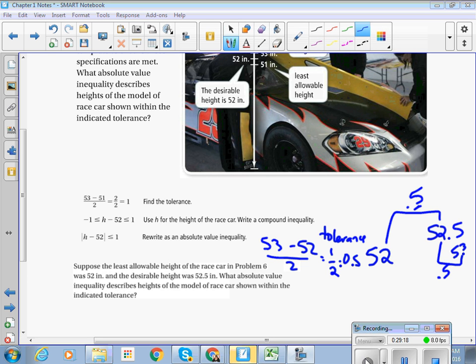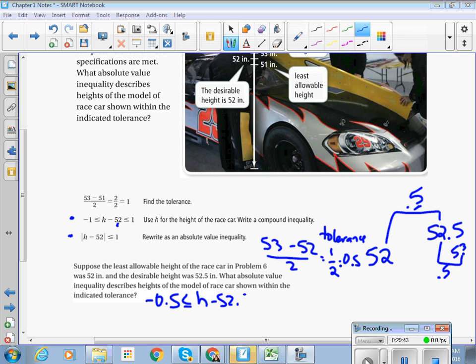So now we're going to use h for height, so we're going to use the same scenario up here. But instead of our tolerance being 1, it is now 0.5. So we're going to go negative 0.5 less than or equal to h minus, what's our desirable height? It was 52.